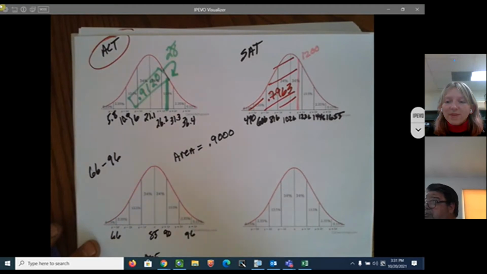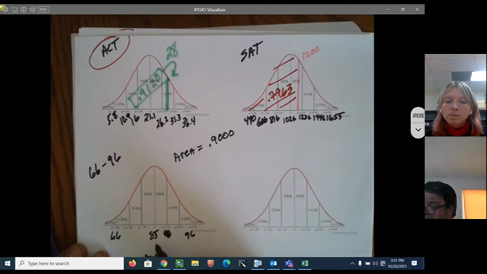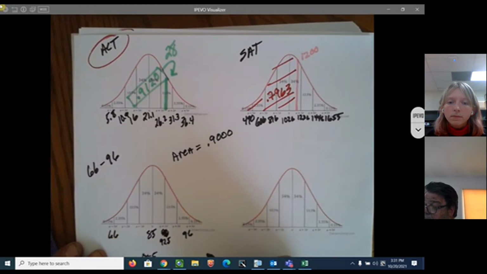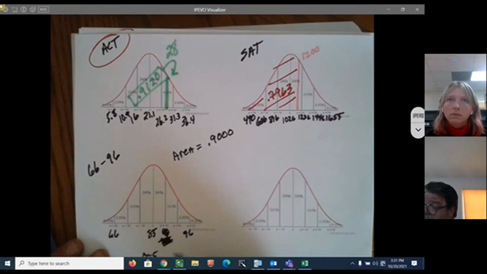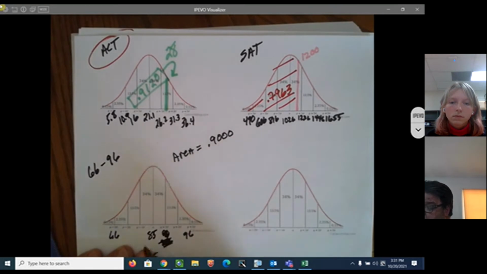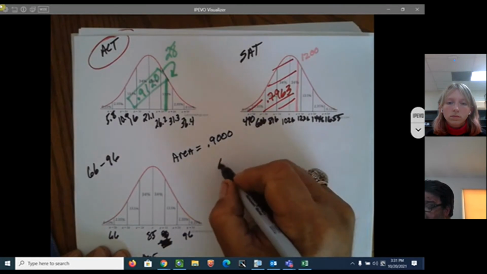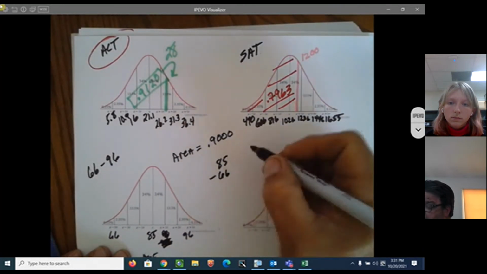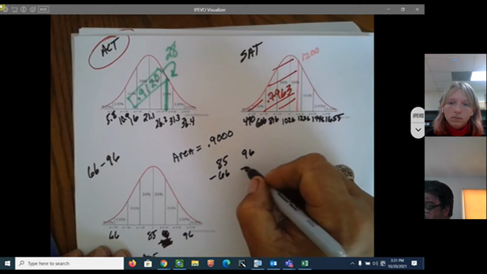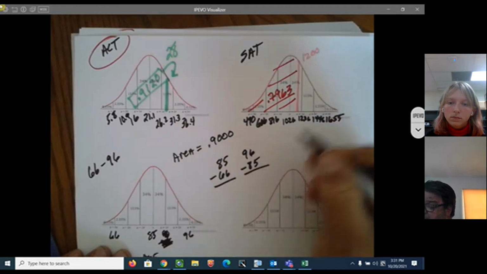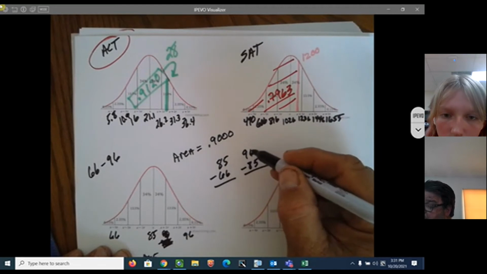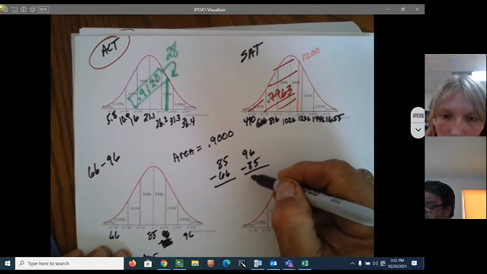So 15 divided by 2 is 7.5. So 7.5 plus 85 is 92.5. No. Oh, wait a minute. 85 minus 66 and 96 minus 85 should come out with the same number. Okay, 96 minus 85 is 11.